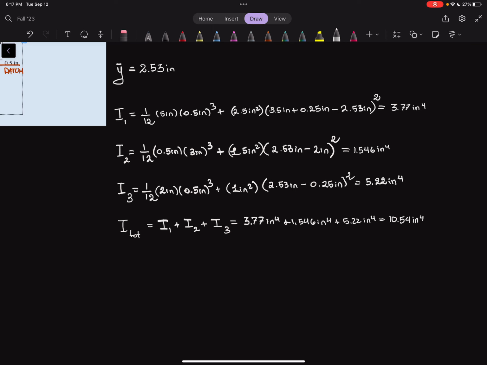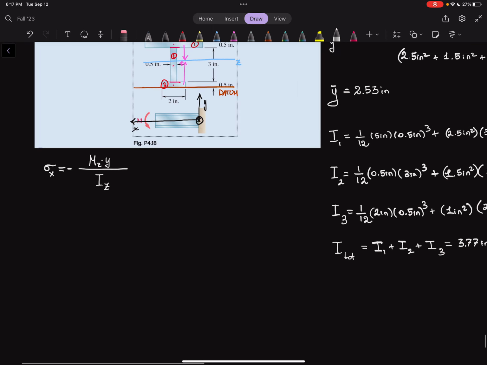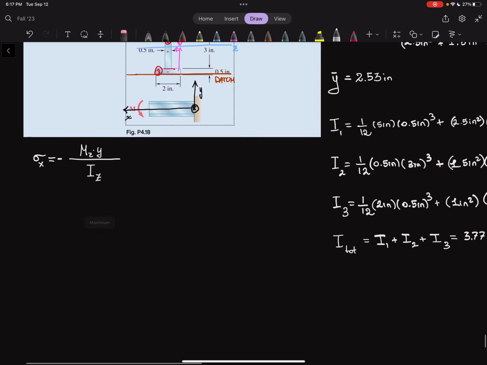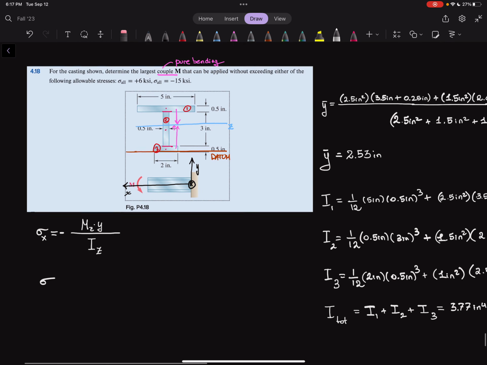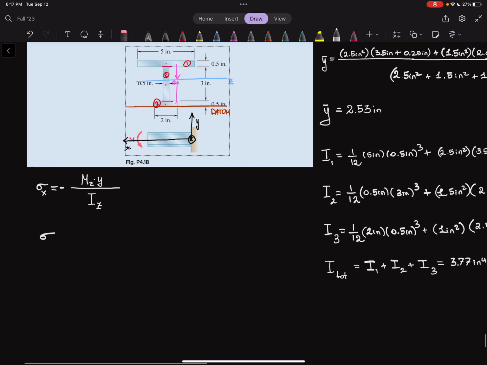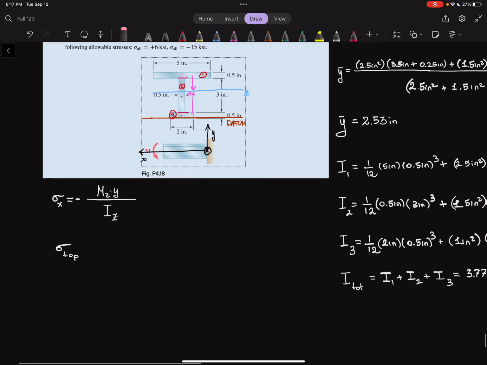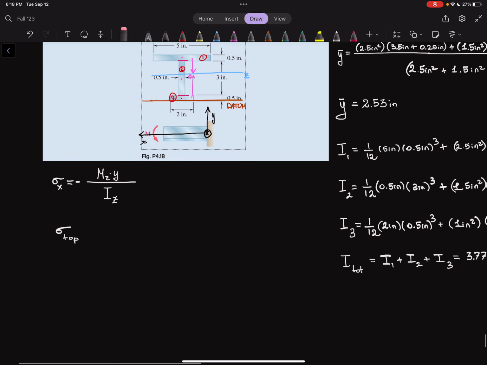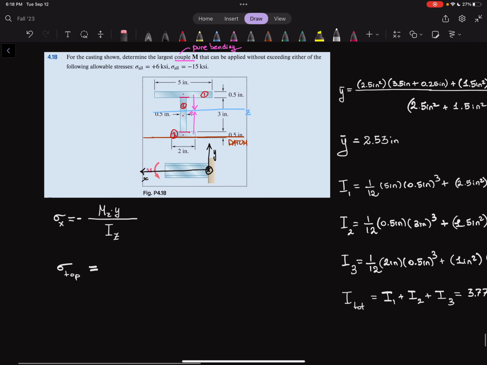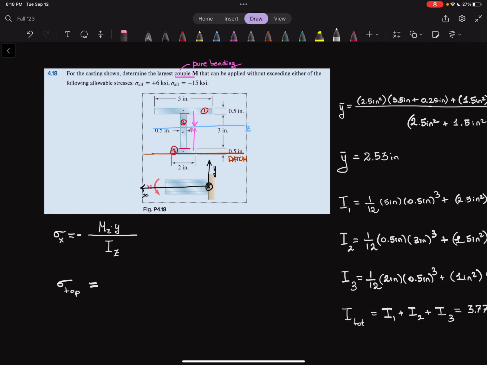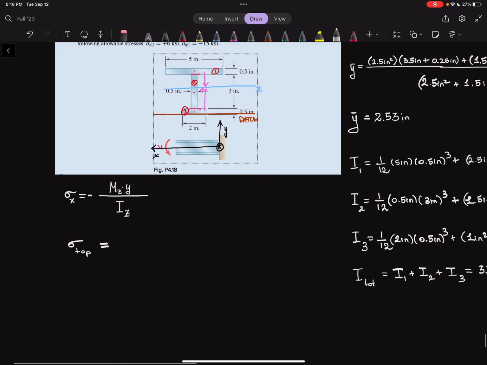So this is the moment of truth, right? Well, kind of. We know at the top, where are we going to get tension and where are we going to get compression? Well, we're going to get compression at the top. So S at the top for the maximum, the maximum distance away from our x-axis, should be 6 ksi of stress.